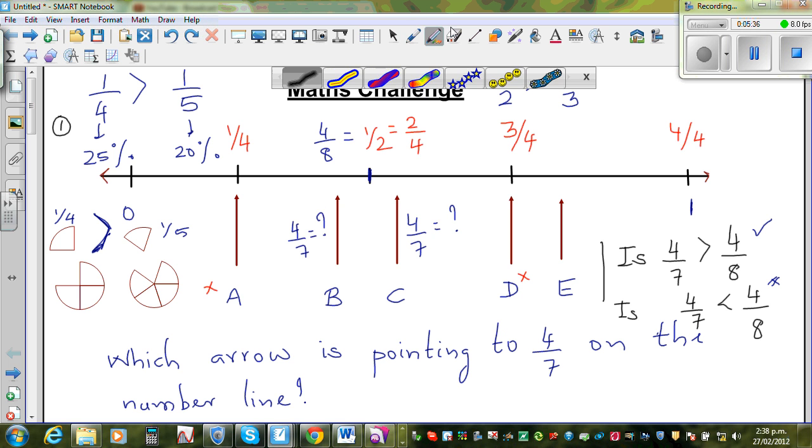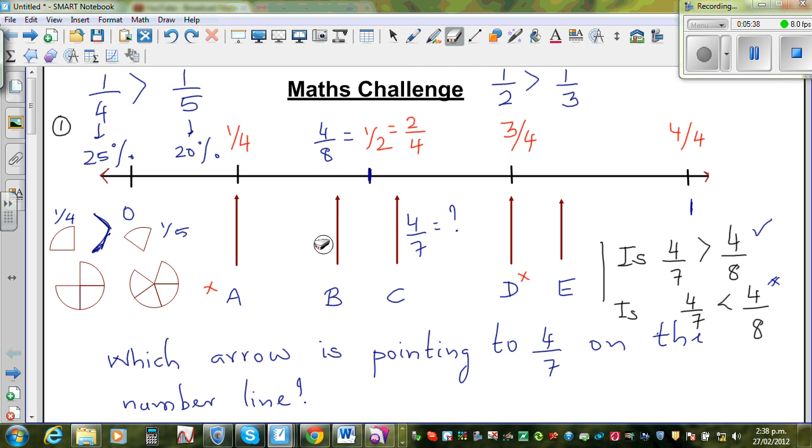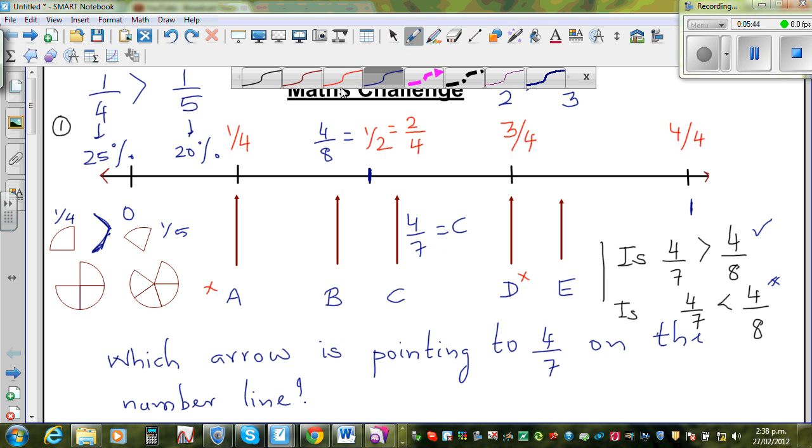Obviously, this is not the answer. So 4/7 is nothing but C. So here our answer should be C. Because this is 4/8, 4/7 is greater than 4/8, so it has to be to the right. So this is the answer.